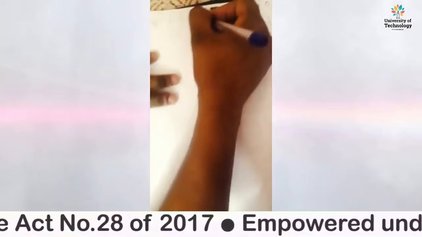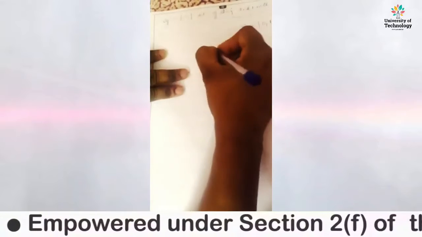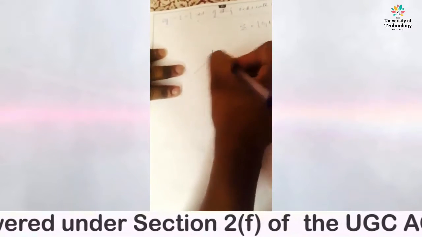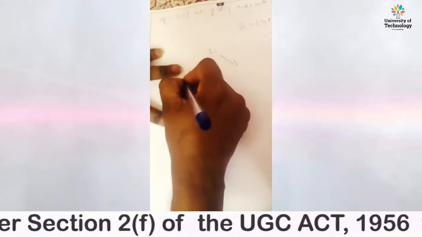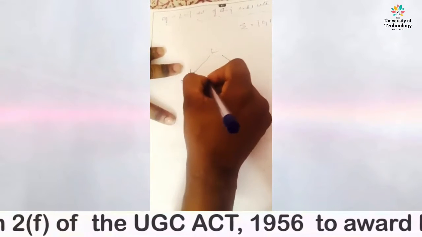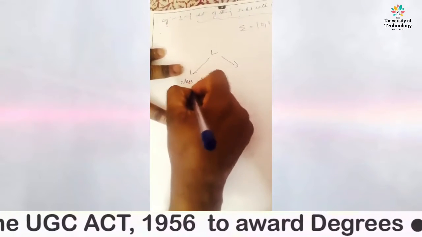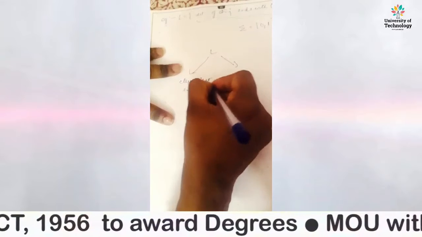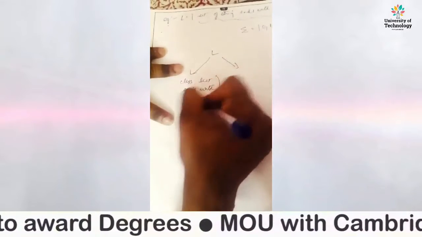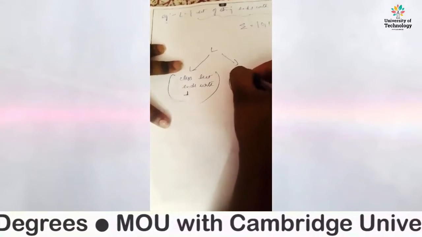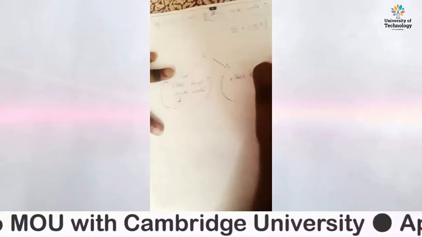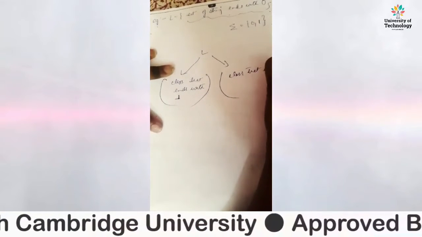So let's check it. What are the possible classes that we can make with the language L? See, there are 2 classes that we can make. First is the class that ends with 1, and second is the class that ends with 0, right?